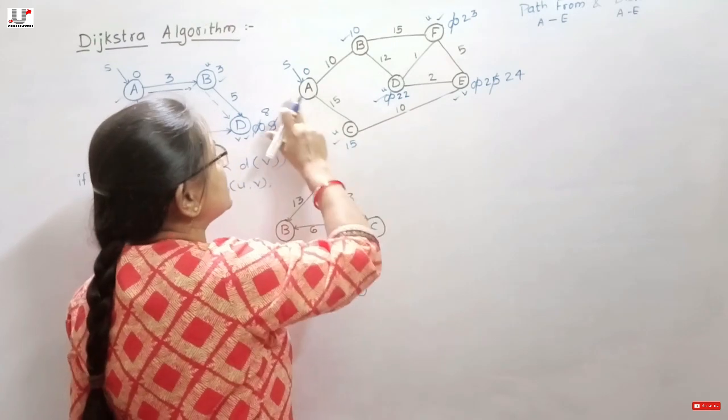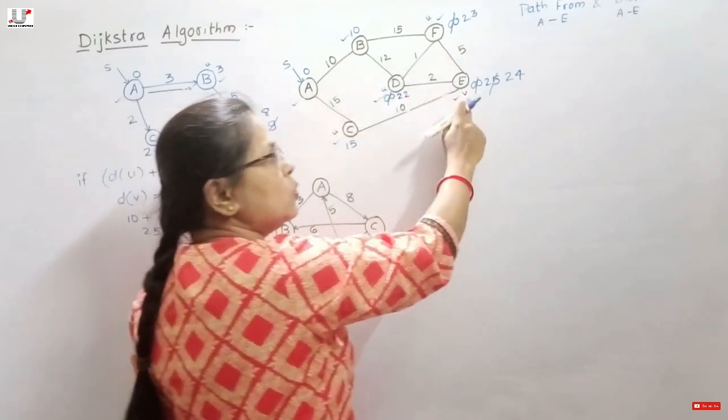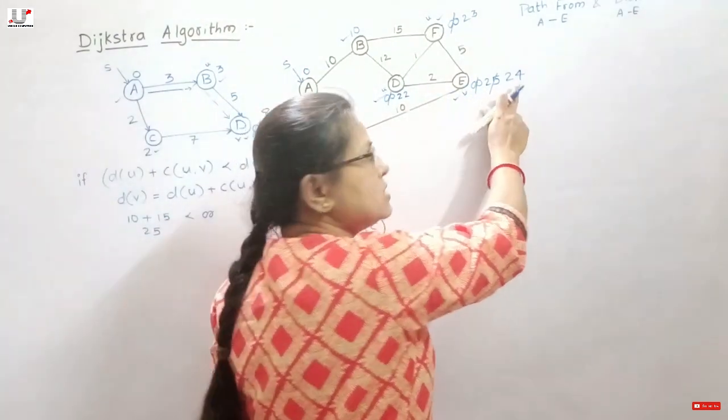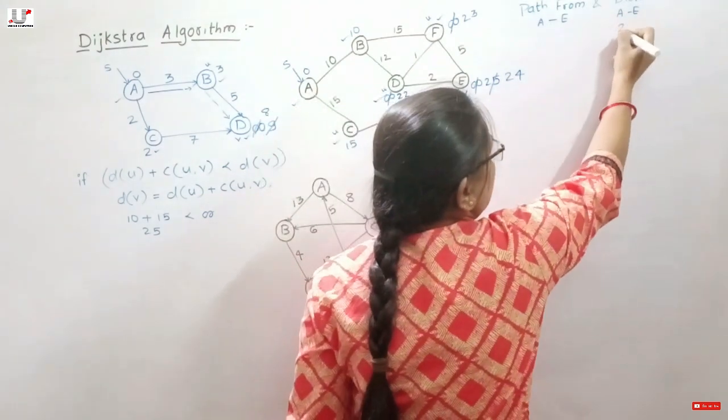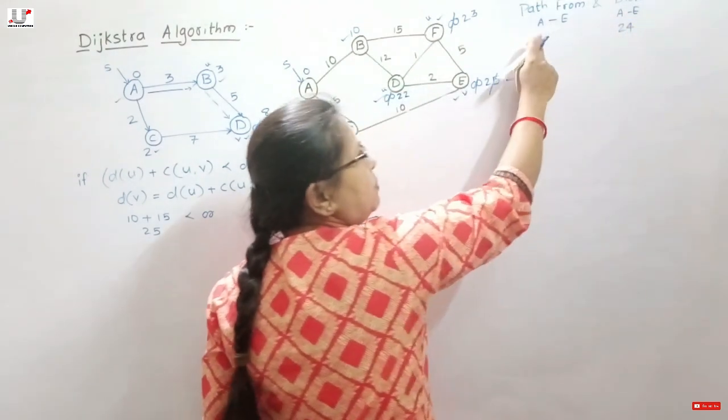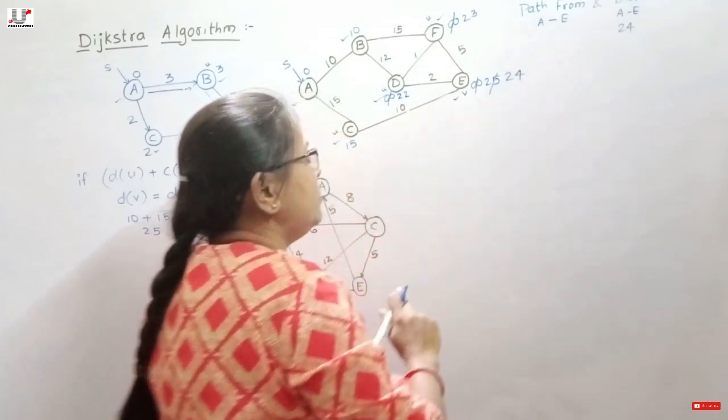We can easily say that from A to E, the smallest distance is here 24. Now find out the path from A to E.